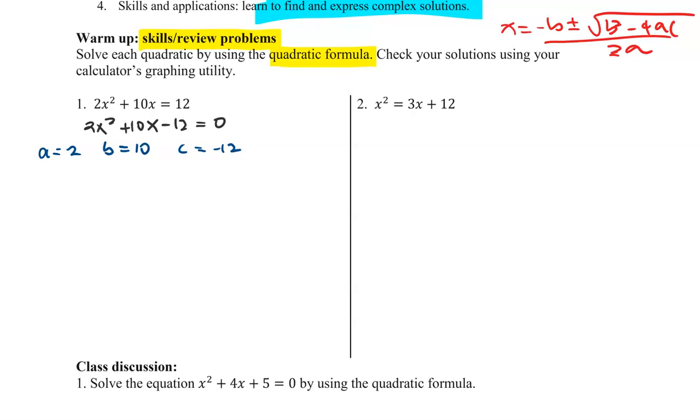Now let's solve for x. So negative b is negative 10, plus or minus the square root of 10 squared minus 4 times 2 times negative 12, all over 2 times a, which is 2.